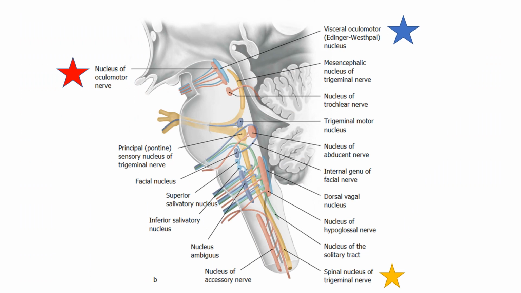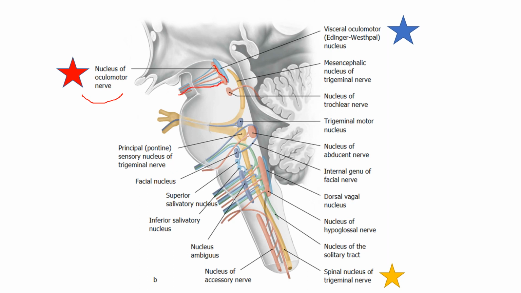So I starred these for you so you could see the ones that I test, because again this picture gets very intimidating at first. So I showed you what this looked like on the other view, the PDA view that we were looking at, and now we're looking at a lateral view. So you could see the nucleus of the oculomotor nerve in red here, and then you could see oculomotor nerve fibers coming out.